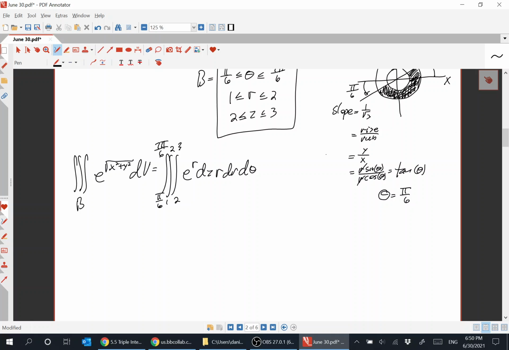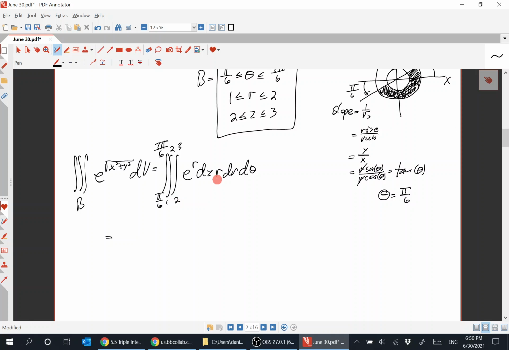Okay, so do the antiderivative in terms of z first. In cylindrical coordinates, z is independent of r and theta. So r and theta are constants with respect to z, because z does not depend on them and they don't depend on z. So from 2 to 3 for z, it's just 1.